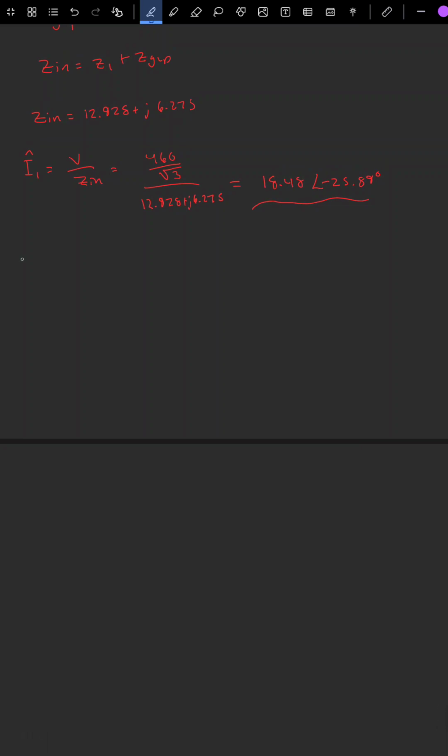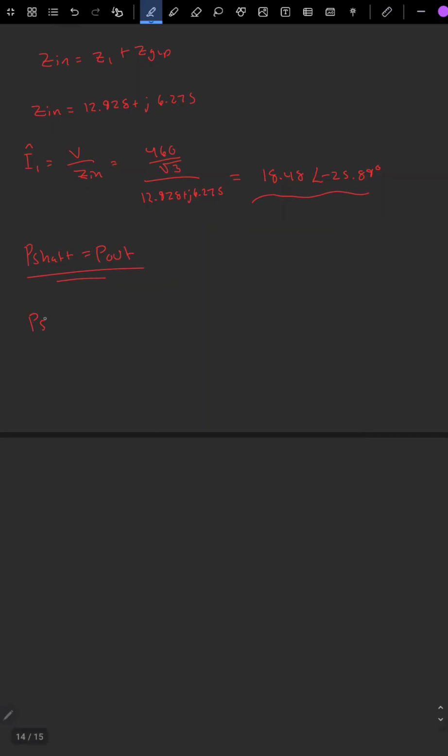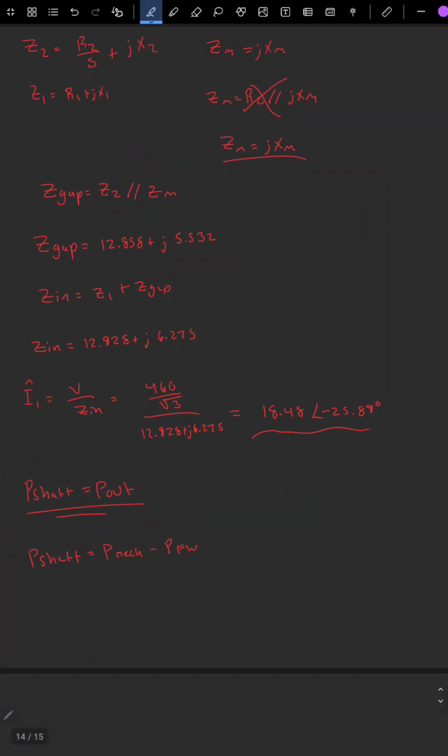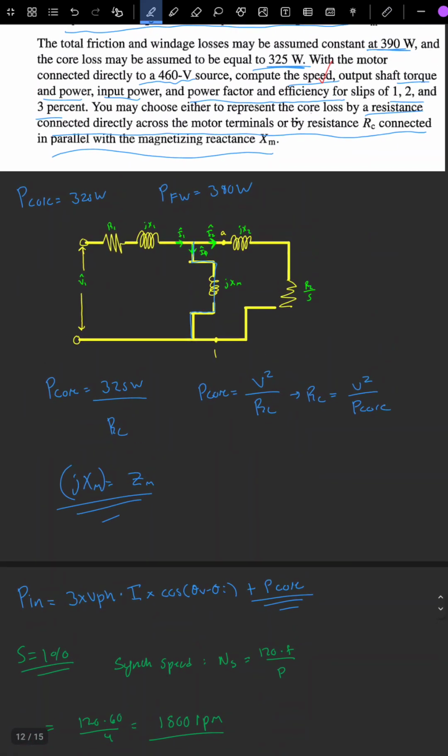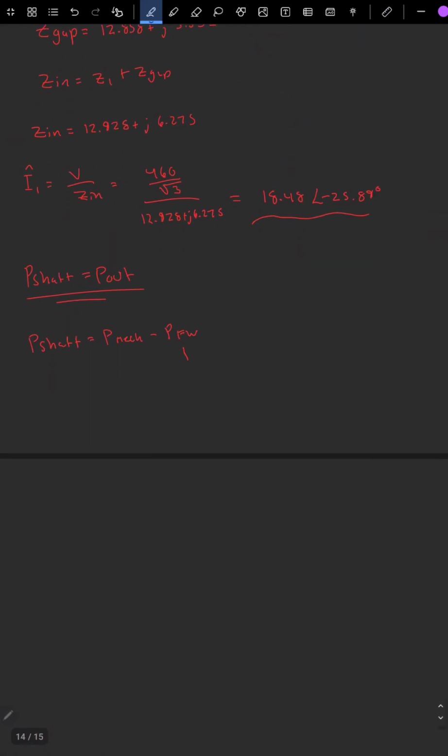So P shaft is going to usually equal, P shaft is P out. They're the same thing. But P shaft is going to equal P mech minus P FW, which we know from earlier is 390 watts.